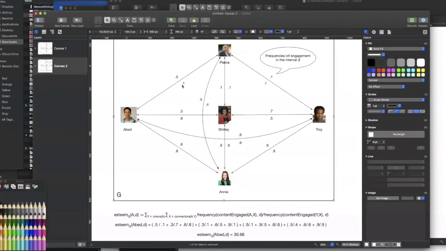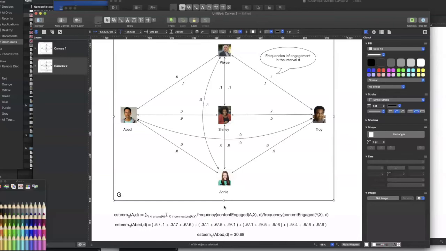Well, they should be on Annie somehow, right? So you have 0.5, 0.4 with Pierce. It's on the connections. Yeah, that's correct. Annie has the 0.5, 0.4 with Pierce and a 0.6, 0.8 with Abed.